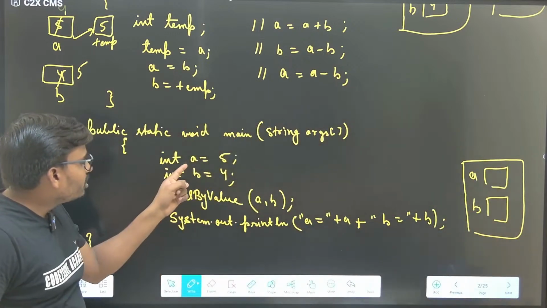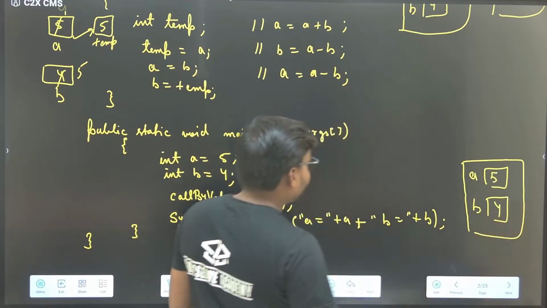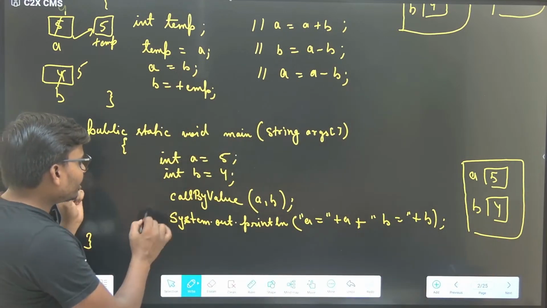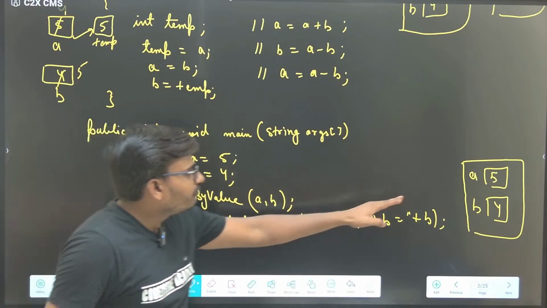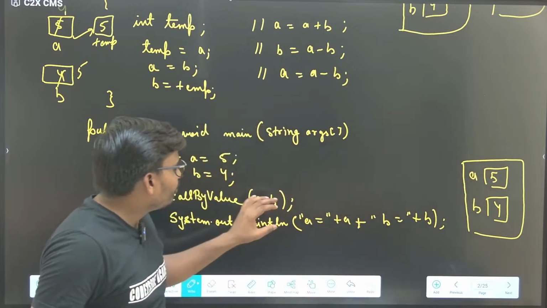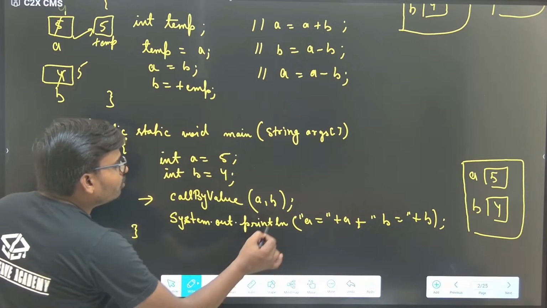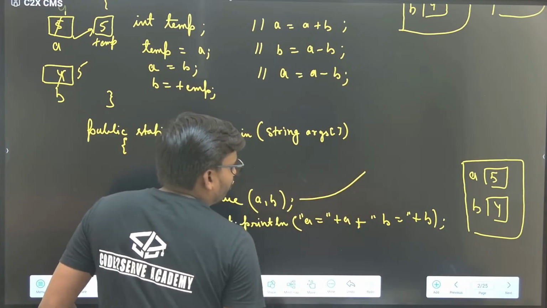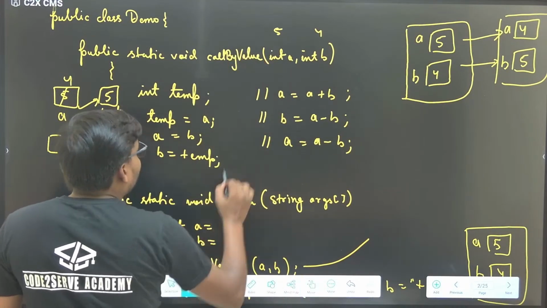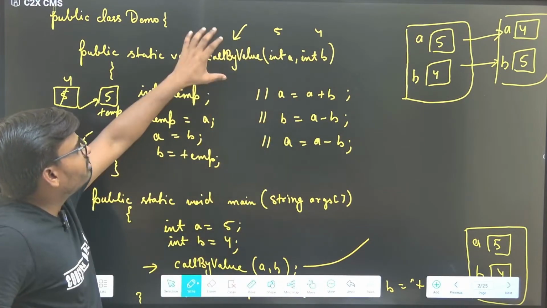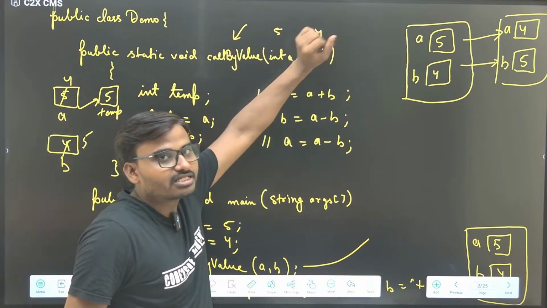Here you see int a equals 5 and b equals 4. Next we are calling this function. In the first parameter we are passing 5, and 4 in the second parameter. Now the control will go up and come to this function, and inside this function, 5 will be the first argument and 4 will be the second argument.